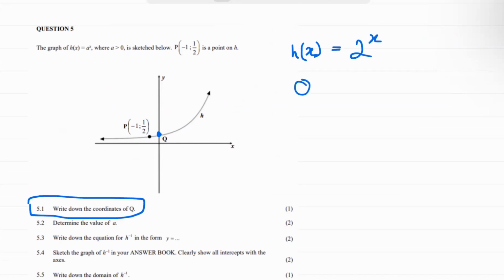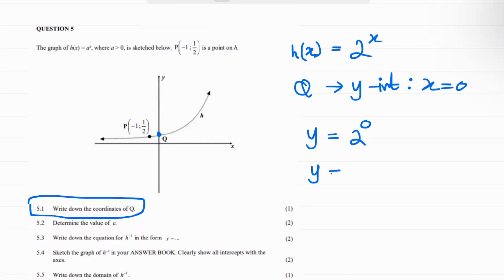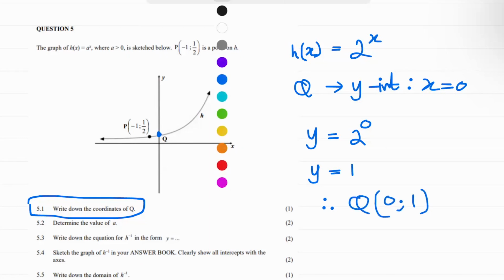And to calculate a y-intercept, you'd have to make x 0. So I'll say 2 to the power of 0. I'm basically just replacing this x with 0. So 2 to the power of 0 is equal to 1, and therefore the coordinates of Q is (0, 1). We substituted x with 0, and we calculated the y as 1.